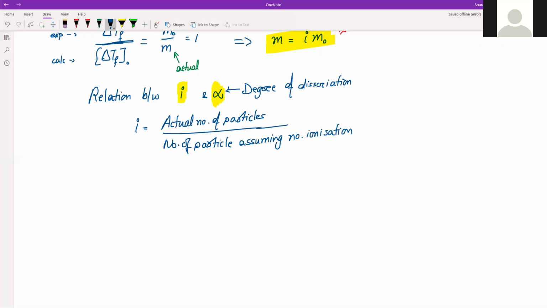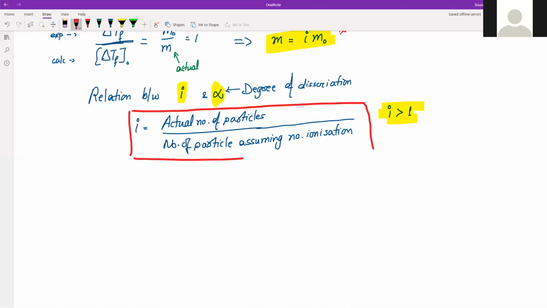Obviously, if I assume that there is no ionization, the number of particles will be less. So from here, what can we say? This i will always be greater than 1. This is the basic definition of i. Based on this itself, I can say that this i will always be greater than 1.